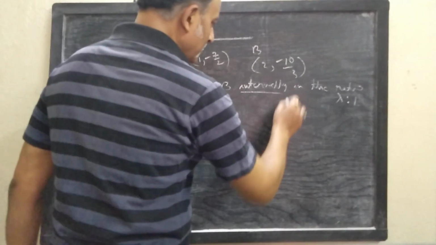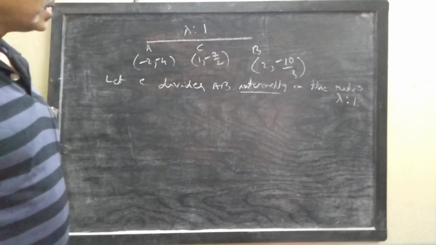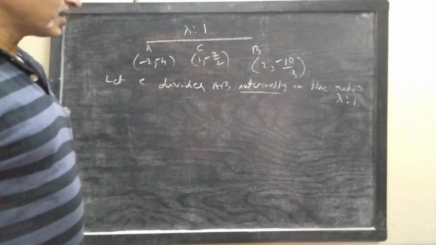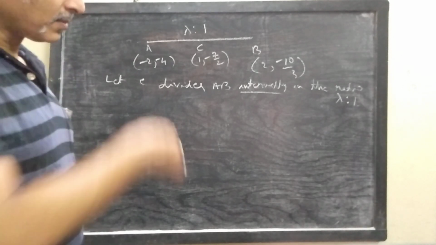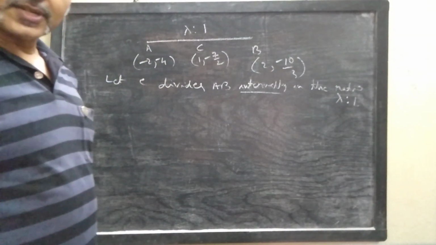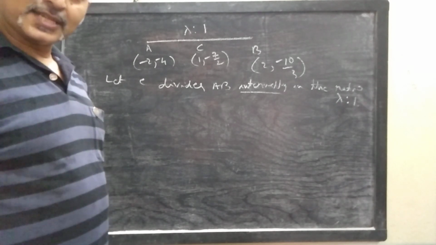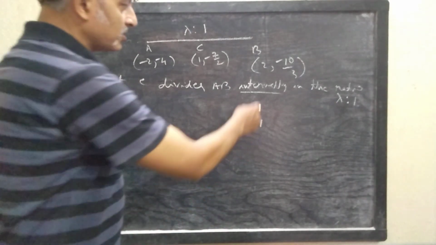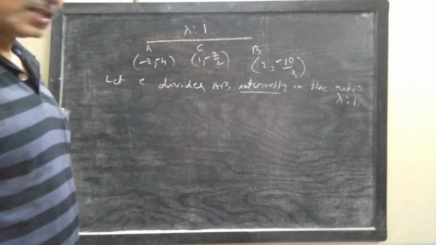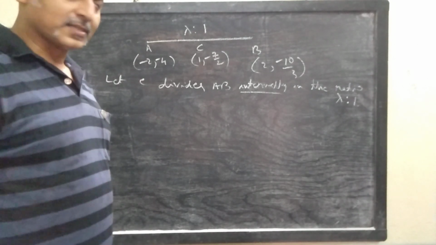We are considering that the point C divides AB internally. If we get the result negative, that is, we find lambda less than 0, then our interpretation will be that the division is external. So without any loss of generality, we can consider initially that the point C divides AB internally.